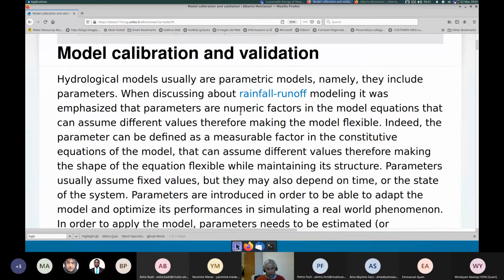I don't have a PowerPoint for this lecture, so I'm using the web pages with some particular focuses on other figures that I will use. First, let me make a further premise by recalling what we did, because we applied the linear reservoir, and actually, as I mentioned before, we already had an experience of guessing the best parameter value.